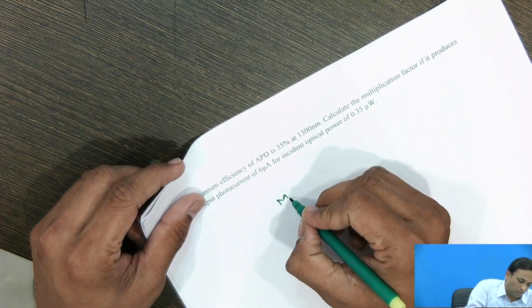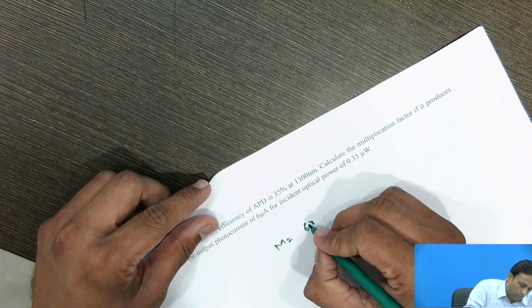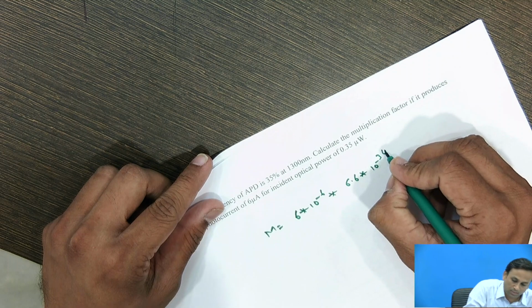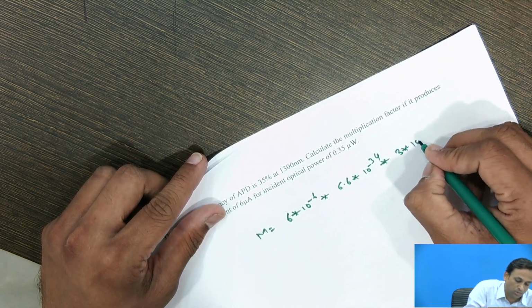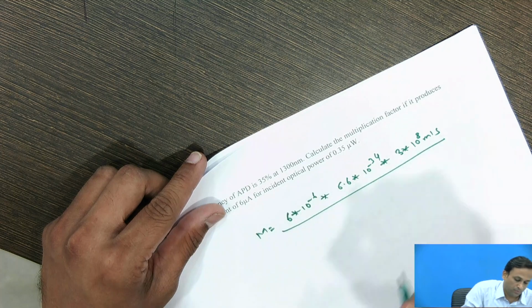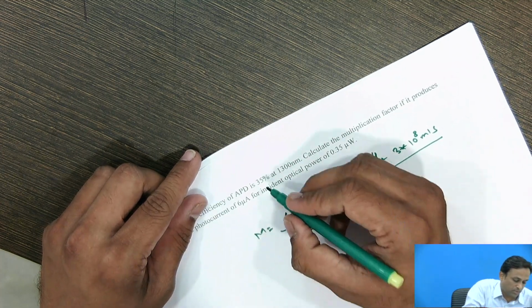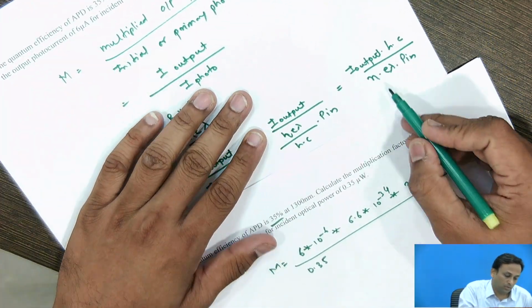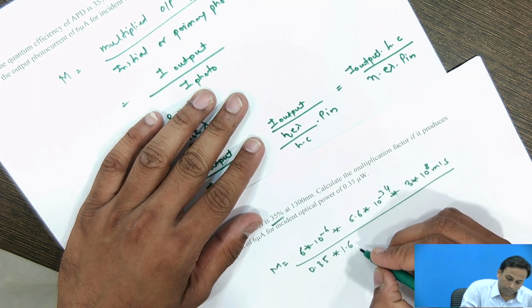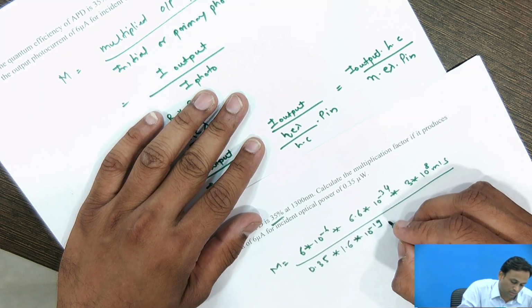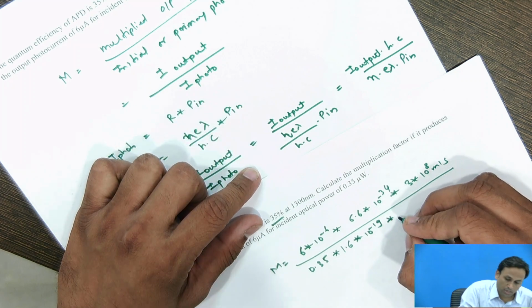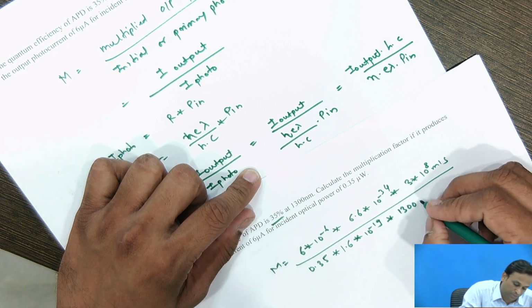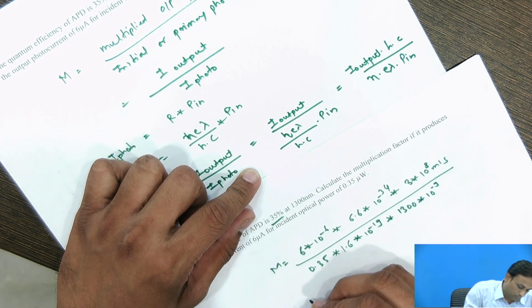So the calculation of M is 6 into 10 raised to minus 6 amperes, into 6.6 into 10 raised to minus 34, the Planck's constant, into c, that is 3 into 10 raised to 8 meters per second, divided by 0.35, the efficiency, into e, which is 1.6 into 10 raised to minus 19, into lambda, 1300 nanometers, 1300 into 10 raised to minus 9, and P in.